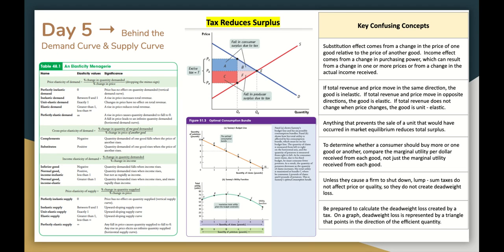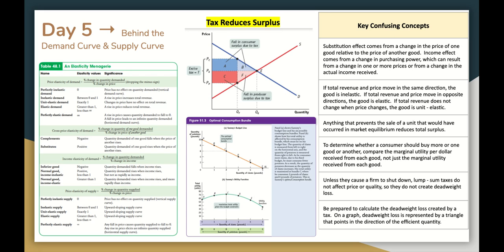So when you take a look at cross price elasticity of demand, when you get a negative number, that means that they are complements, tennis balls and tennis rackets. When you get a positive number, it's two competing products like Nike sneakers and Adidas. So that's something that we can learn.